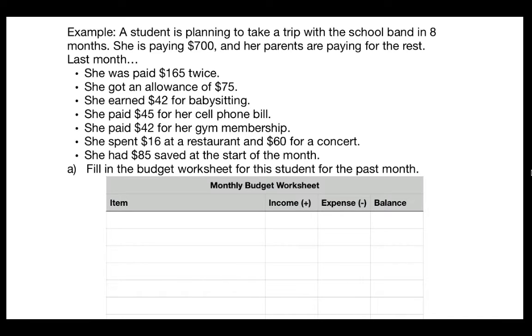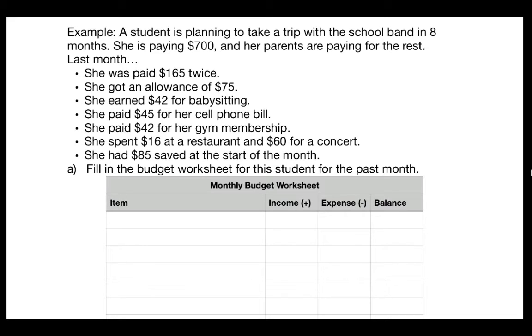She got an allowance of $75. She earned $42 for babysitting. She paid $45 for her cell phone bill. She paid $42 for her gym membership, $16 at a restaurant, and $60 for a concert. And she had $85 saved at the start of the month.